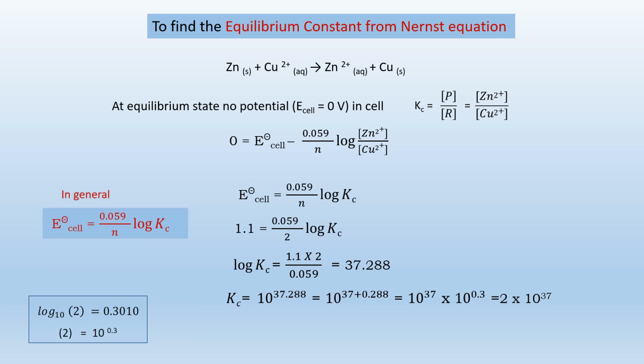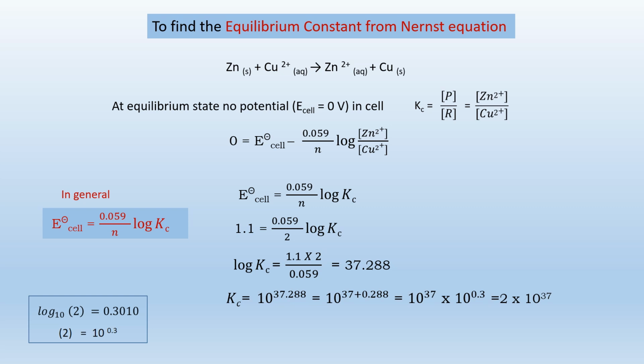To find the equilibrium constant from the Nernst equation, we are seeing the reaction between the copper versus zinc for the electrochemical reaction. If there is a starting of the reaction, then there will be an ending of the reaction. That ending point is called as equilibrium state.